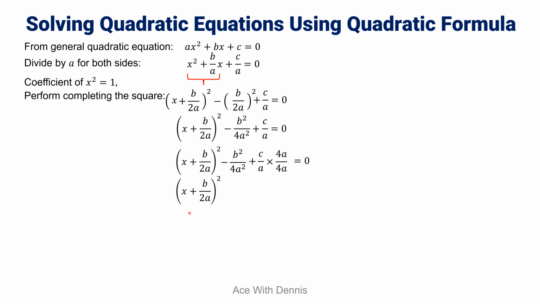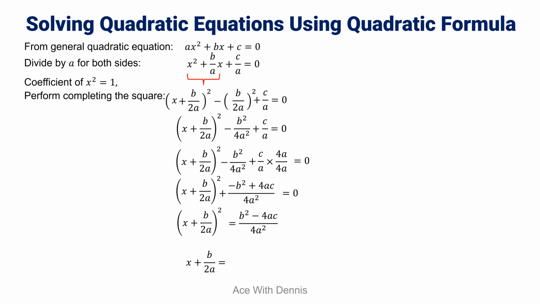So the equation will become (x + b/2a)² minus (b² + 4ac)/4a², because now the two constant terms have the same denominator. We can combine them together, and equals to 0. After that, we will move the constant term to the right hand side. So the equation becomes (x + b/2a)² = (b² - 4ac)/4a².